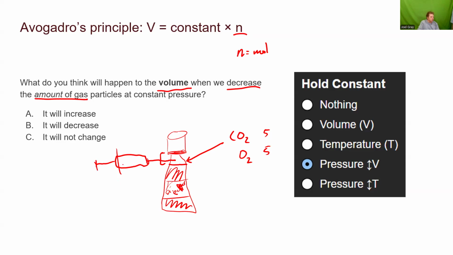And of course the syringe has a plunger. And let's say that you were able to basically suck out all the CO2. We've gone from having 10 gas molecules. We've removed all the CO2. So instead of 10 molecules, we've got 5 gas molecules. Does anyone disagree with that?